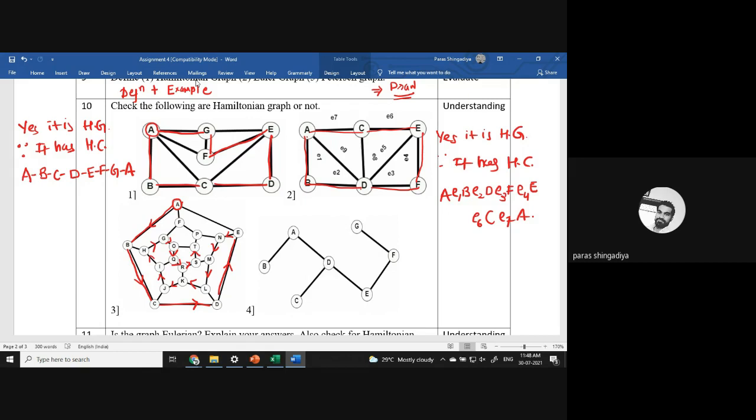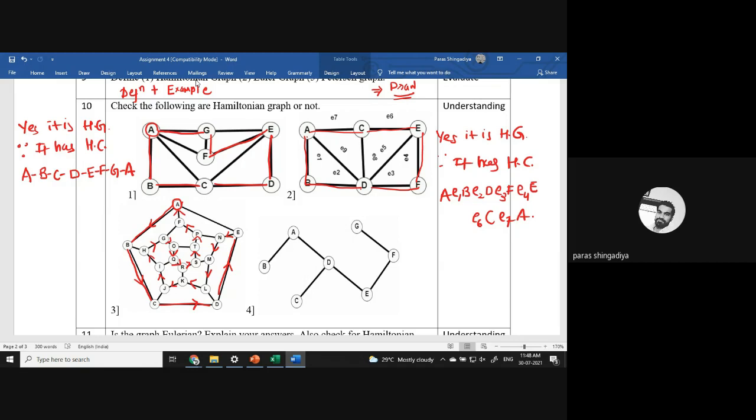From T you exit and reach the vertex P, which we have not visited anytime. From P you reach F, and from F you can reach back to the vertex A. So this is your route. Is it clear?